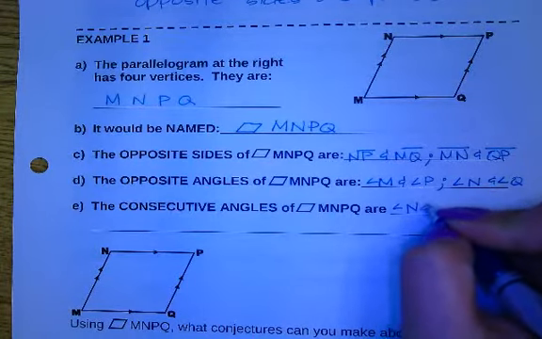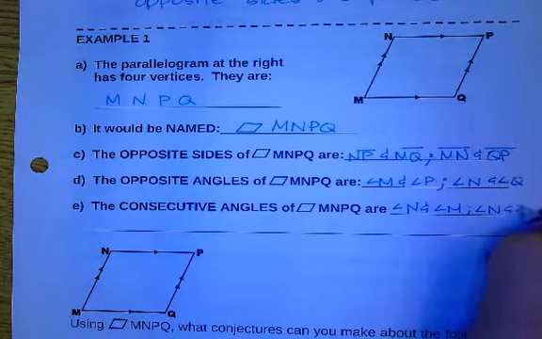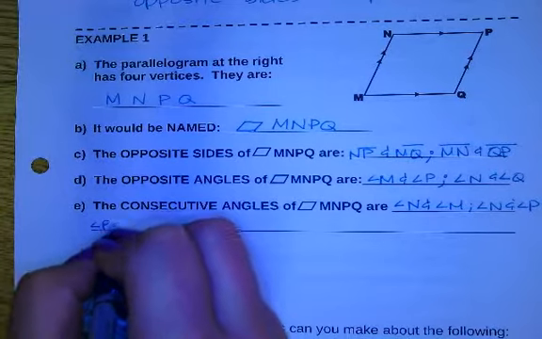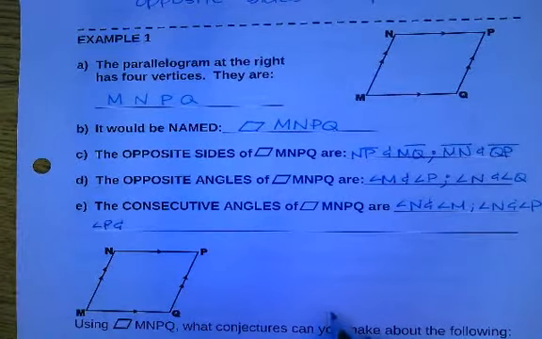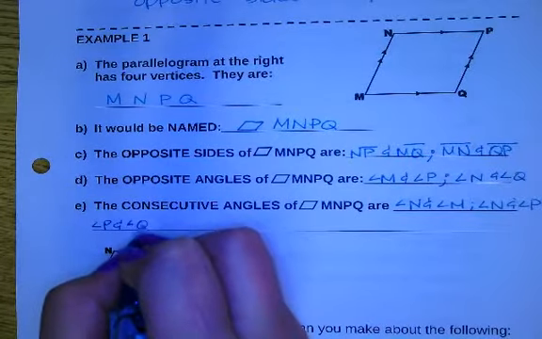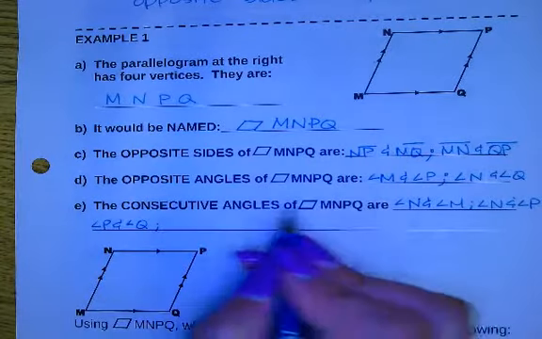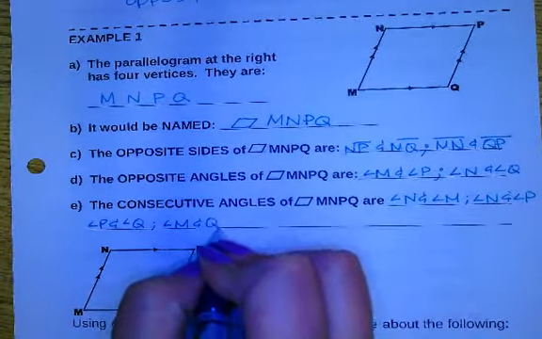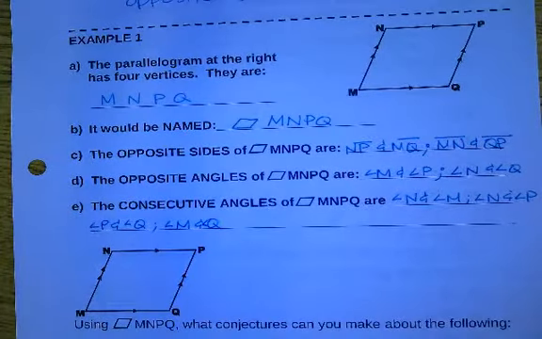P, N, M. Angle M, and it's also consecutive to P. P is consecutive to what? Q. Q. And N, but we already have that one, so I'm going to leave it. And then M is consecutive to Q. And that should be all of them.